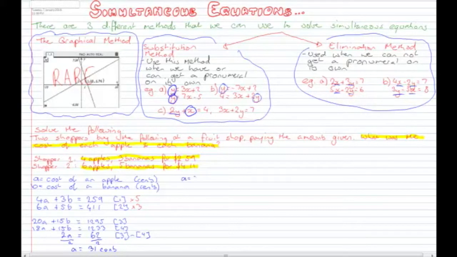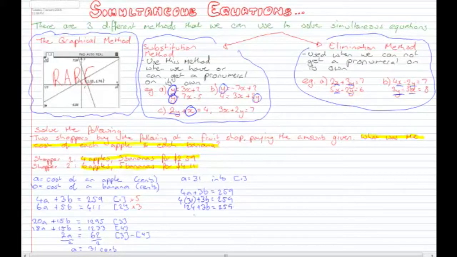So A equals 31 into equation 1. Write out equation 1 now, you get 4A plus 3B is equal to 259. Okay, so substituting in 31 now for A, so you get 4 times 31 plus 3B is equal to 259. 4 times 31 will get us 124, plus 3B is equal to 259.